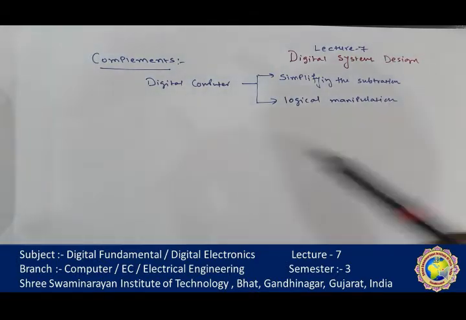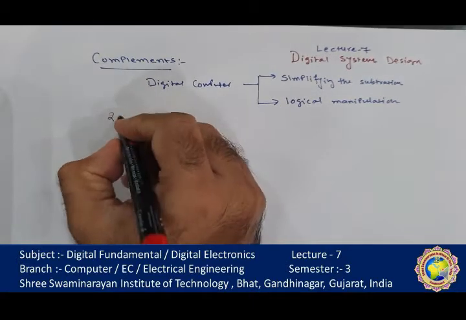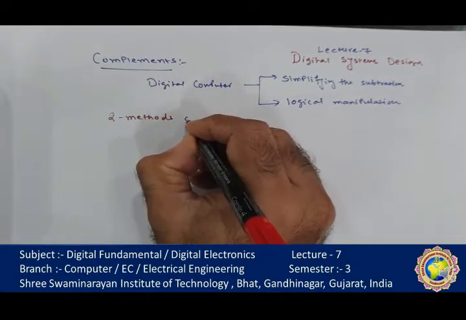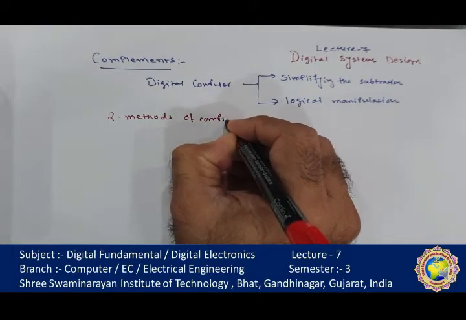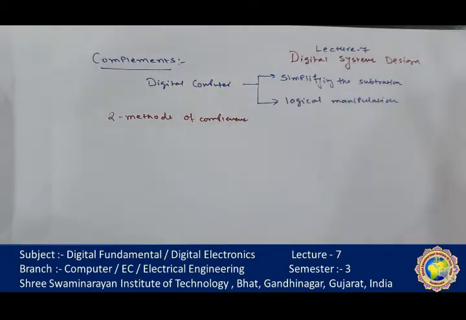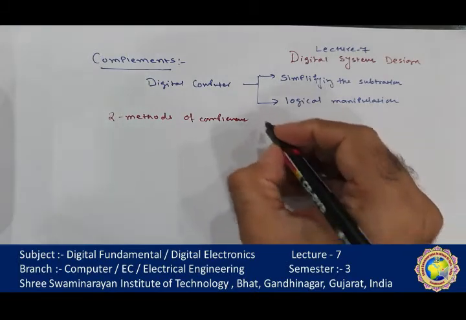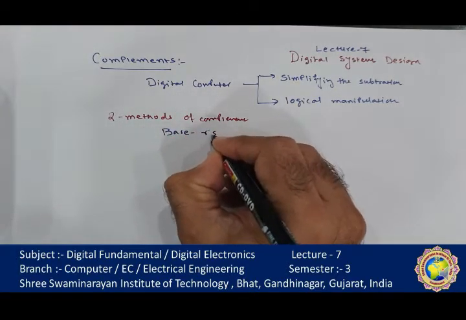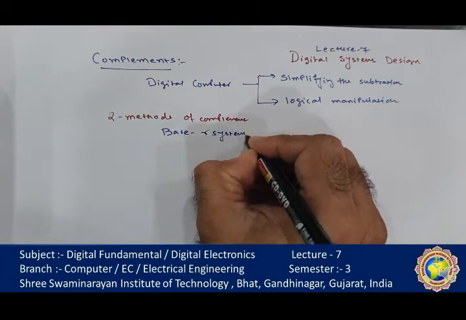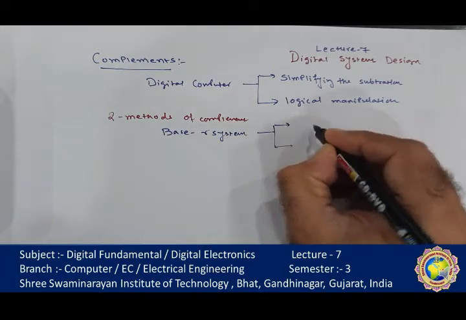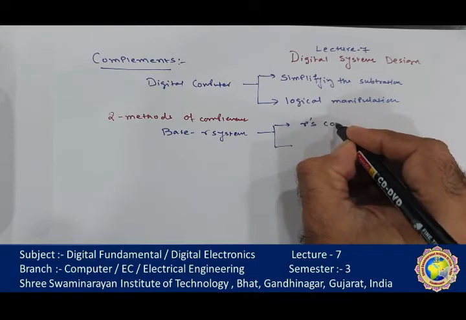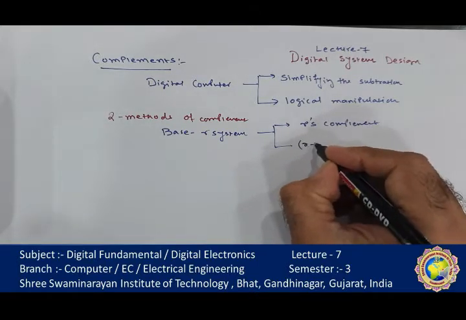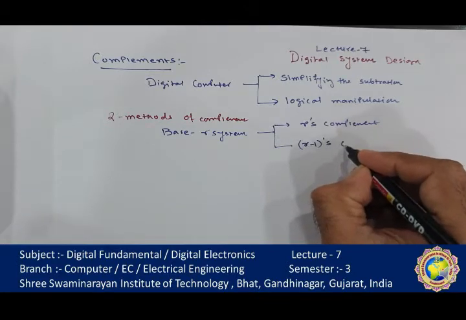In complement there are two methods. For base R, one method is known as the R's complement, and the second is known as the R minus 1's complement.